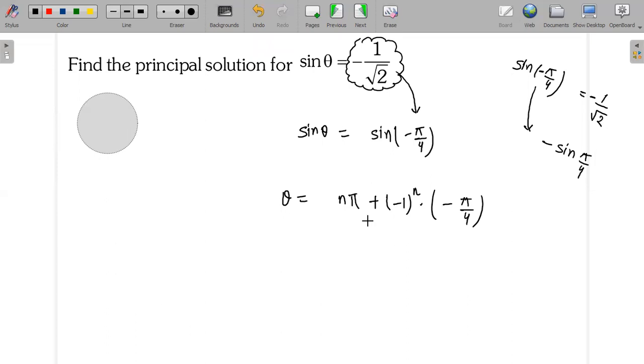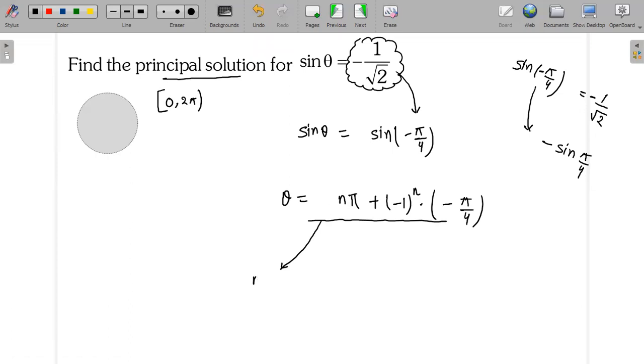This is how we write down the general solution for sine theta equals negative 1 by root 2. Say if I need to find its principal solution, that means the allotted range for theta is from 0 to 2 pi only. So once I write down the general solution, I need to put different values of n to get different responses corresponding to theta.